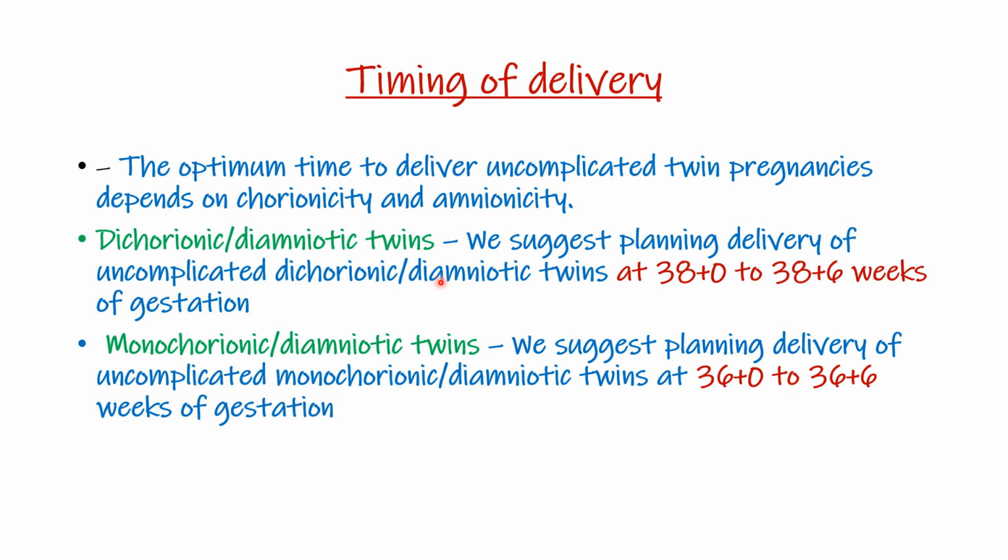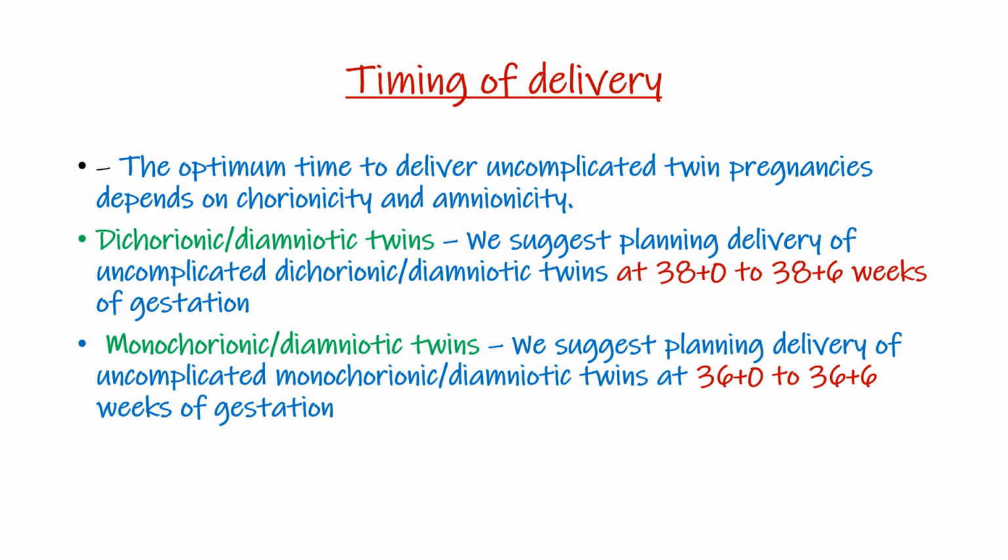They occurred in 1 to 3 days, meaning we plan delivery for uncomplicated gestation at 38 plus 0 to 38 plus 6. This means 38 weeks plus 0 days to 38 weeks plus 6 days. In twins that are monochorionic diamniotic, this is when the separation occurred at the blastocyst stage, that is 4 to 8 days after conception, and then the delivery occurs at 36.0 to 36.6.